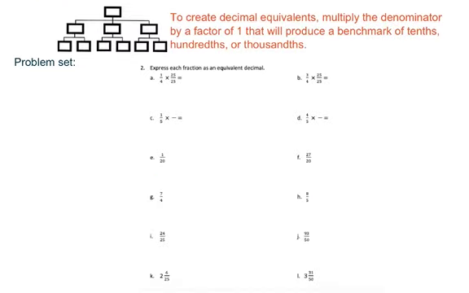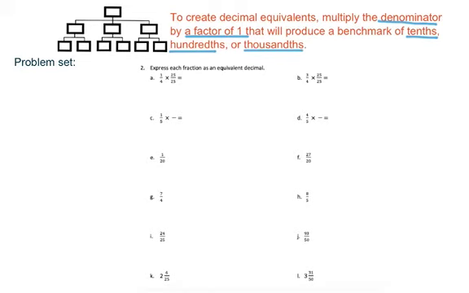So here's what we're going to do with the problem set. I'm giving you a rule, and I'm telling you that in order to create decimal equivalence, you are going to multiply the denominator by a factor of 1, and that's that fraction of 1. That will produce a benchmark of tenths, hundredths, or thousandths.